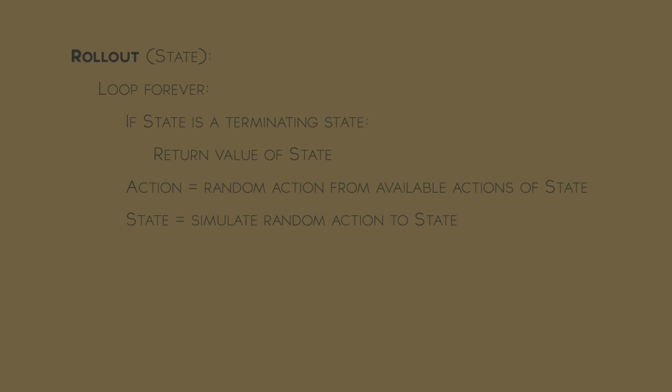Let's take a look at the rollout phase next. What a rollout does is it loops through and does a random simulation of the game. It actually performs the game based on the current state. So the pseudocode, the general algorithm of this phase, is to loop forever. If the state is a terminating state, it returns the value of that state. Otherwise, it picks a random action available from the current state in the simulation, and then it updates the state in the simulation to actually perform that random action.